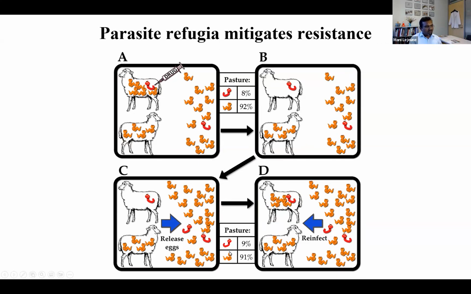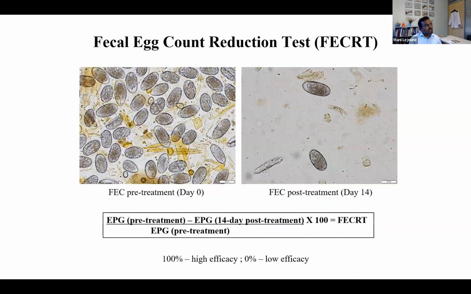Over a period of time, the resistant worms are still there, but their numbers are kept to a minimum. So by doing this type of refugia management, you may still be able to prolong the life of the drugs, since the worms are already picking up resistance to those known classes of drugs.